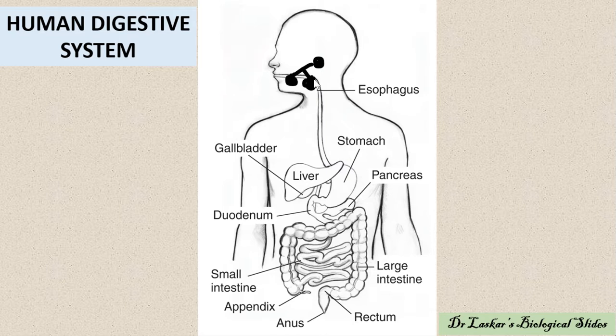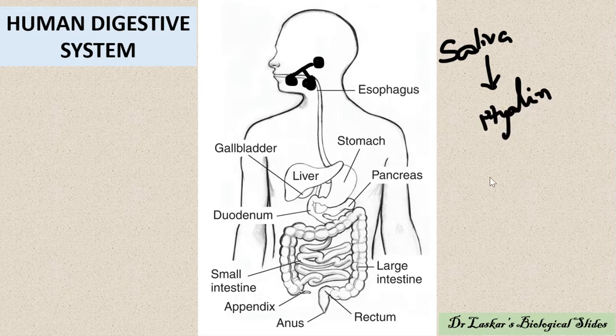Saliva is a watery fluid, almost neutral, with pH between 6.5 and 7.5. It contains an enzyme, salivary amylase or ptyalin. This ptyalin mainly helps in the digestion process.